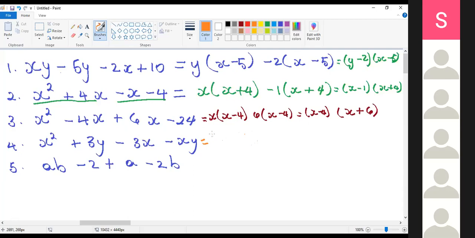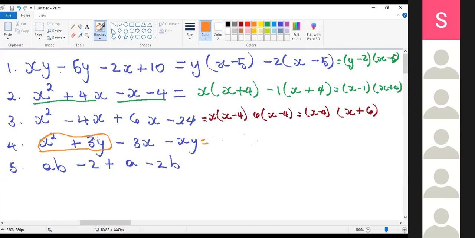All right, let's work it out. So we are going to be factoring. As you see here, you have x squared here, and you have a 3y here. If you attempt to factor out this pair as it is, there is no common factor, right? Everybody's listening to me? There's no common factor.